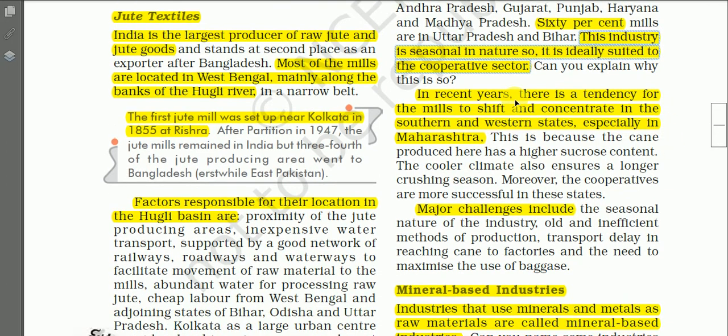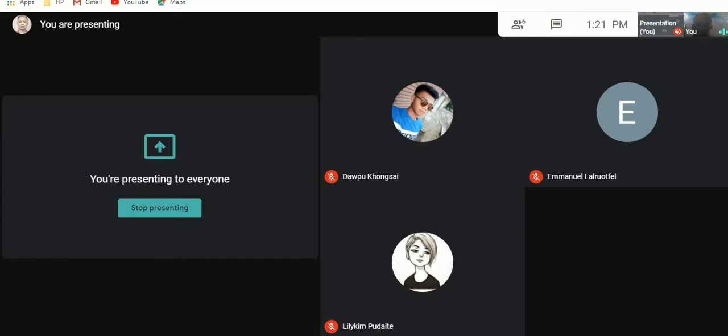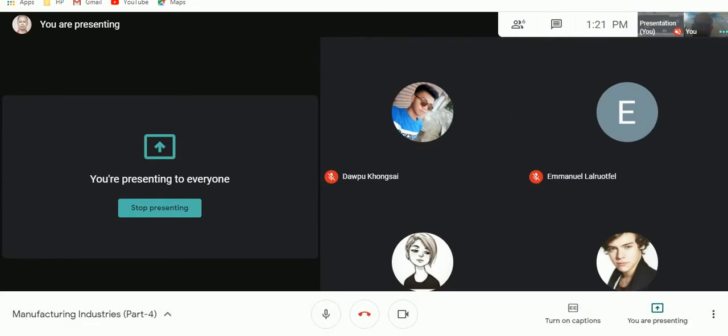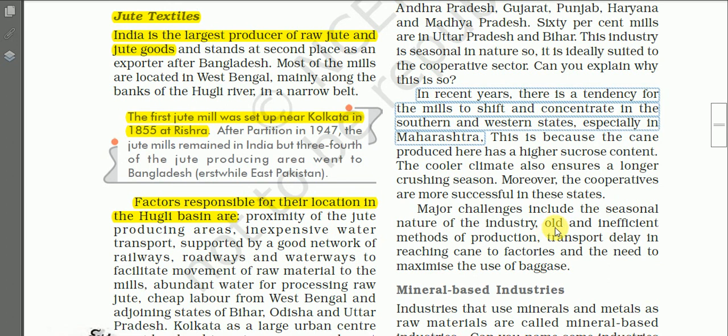So in recent years, there is a tendency for the mills to shift and concentrate in the southern and the western states, especially in Maharashtra. That means one question can be asked from this sentence: why is there a tendency for the sugar mills to shift and concentrate in the southern and western states, especially in Maharashtra?